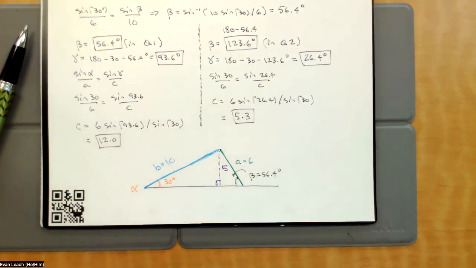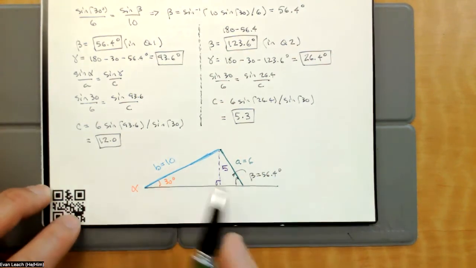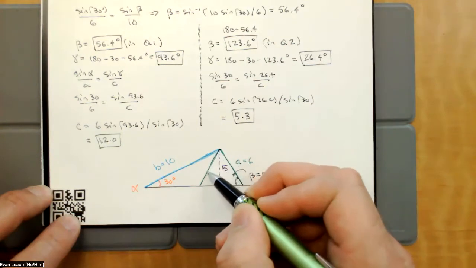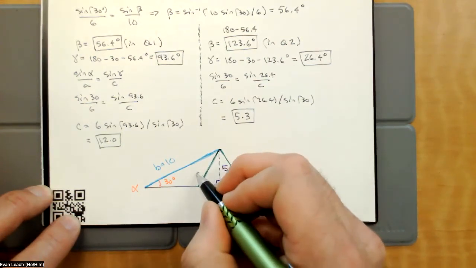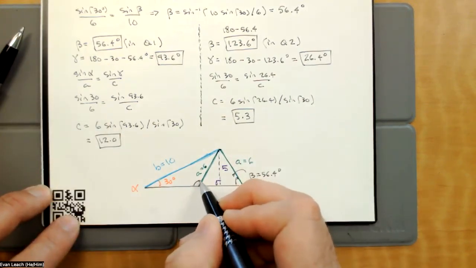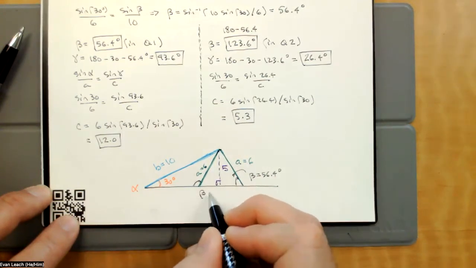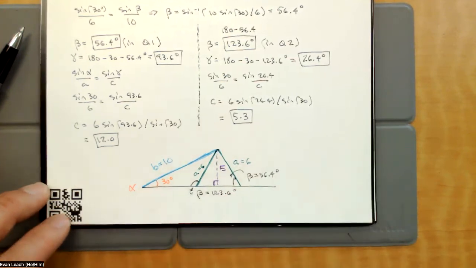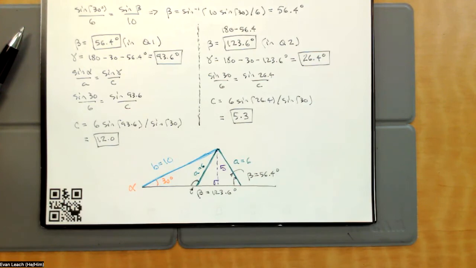Or I could take that 6-unit side and swing it around to the other side of the 5, because the 6 is still less than 10. And that's making this version of beta at 123.6. So those are the two angles that we get right off the bat, the quadrant 1 version and the quadrant 2 version.